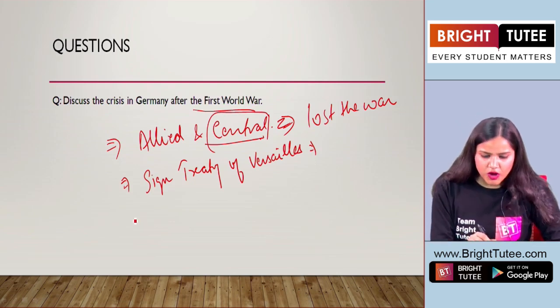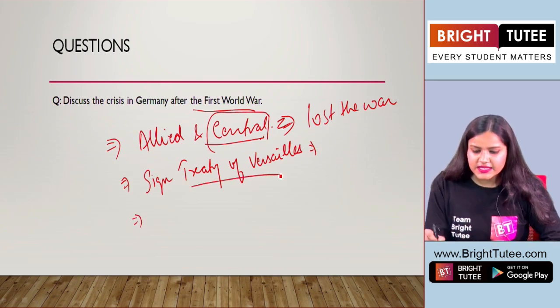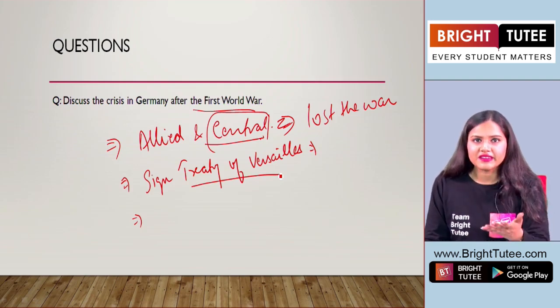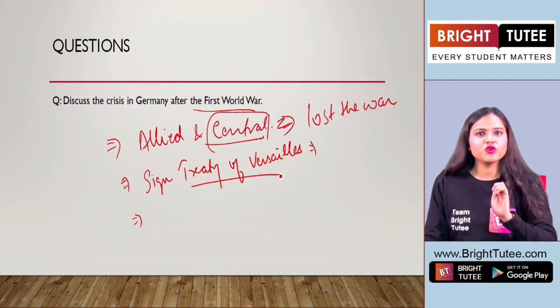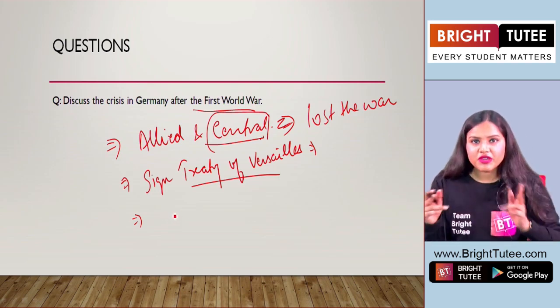Now, talk about all the agreements and clauses that were given in the Treaty of Versailles. We have discussed it in the previous question, so I'm not going to repeat it here. But let's have a look at some additional points that you have to mention in this question. Now, you remember students, we have talked about the situation of Germany.